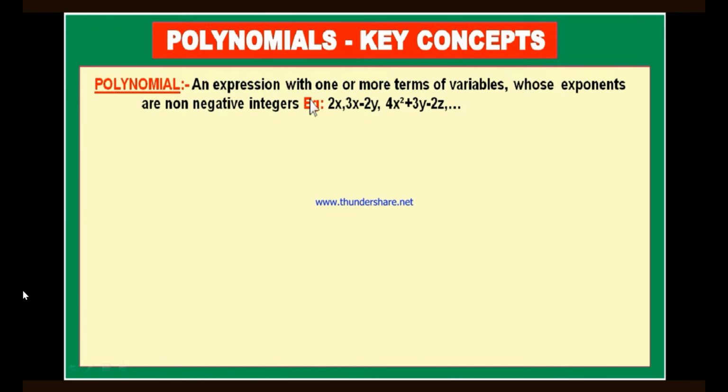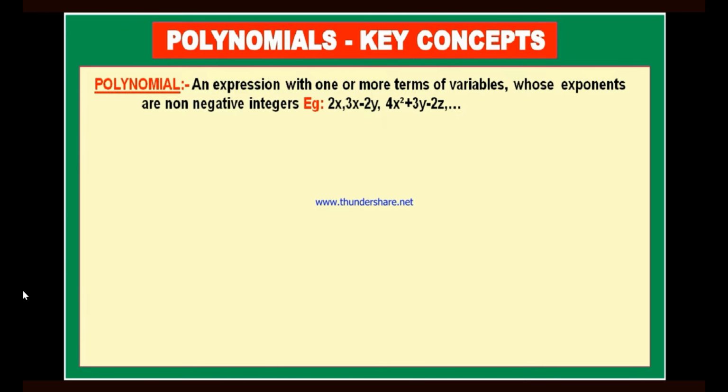Understood? Therefore, any expression with one term of the variable or more than one term of the variables whose exponents are non-negative integers is called a polynomial. You can see here an example, 2x. It is a polynomial because it has only one term with a variable x.